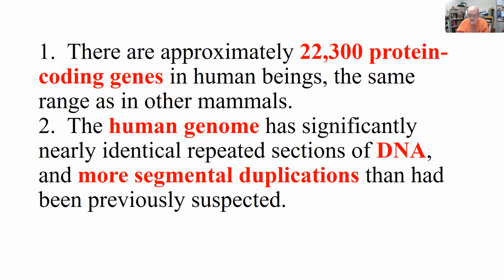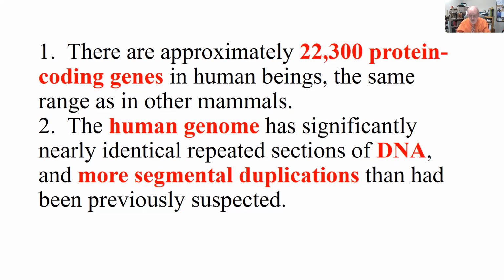One, there are approximately 22,300 protein coding genes in human beings, the same range as in other mammals. And two, the human genome has significantly nearly identical repeated sections of DNA and more segmental duplications than had been previously suspected.